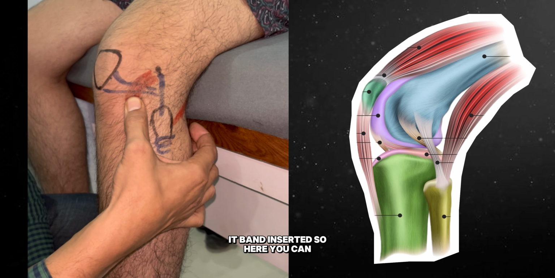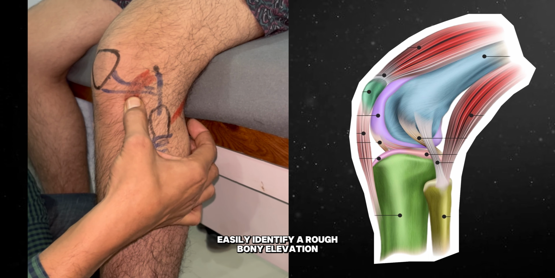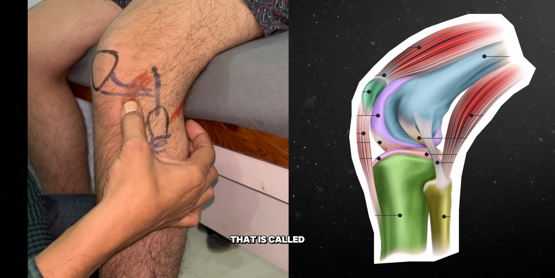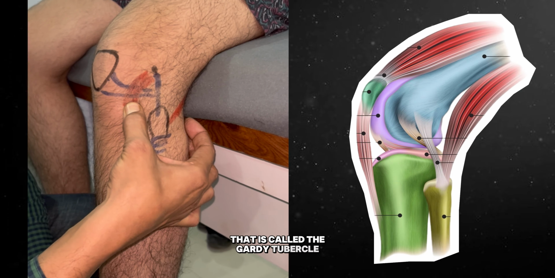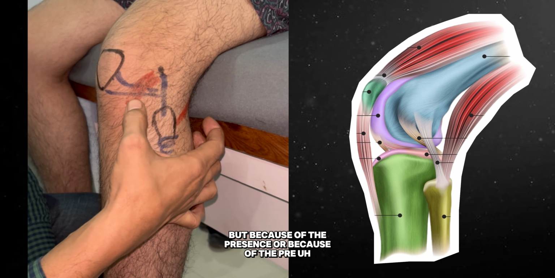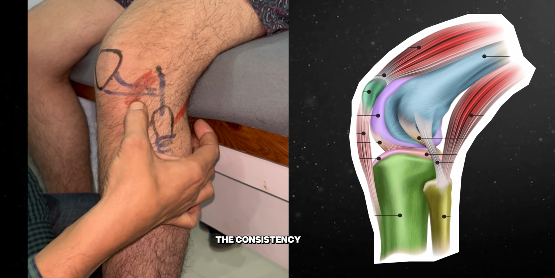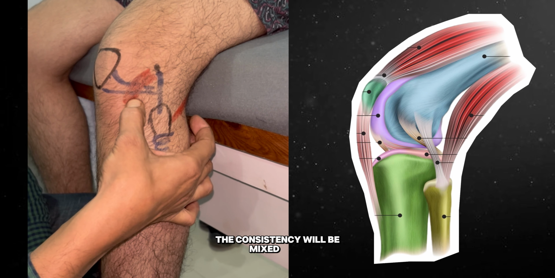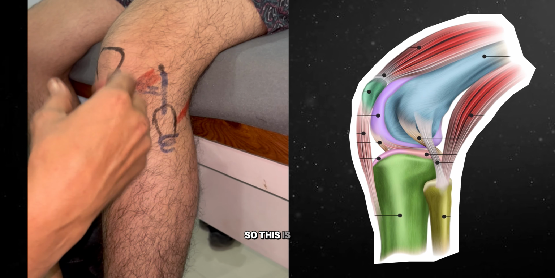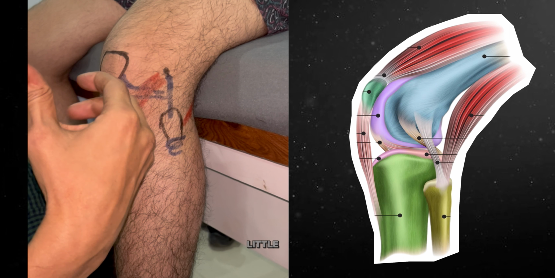Here you can easily identify a rough bony elevation called Gerdy's tubercle. But because of the attachment of the IT band, here the consistency will be of mixed type. So this is all about the palpatory technique of the lateral side.